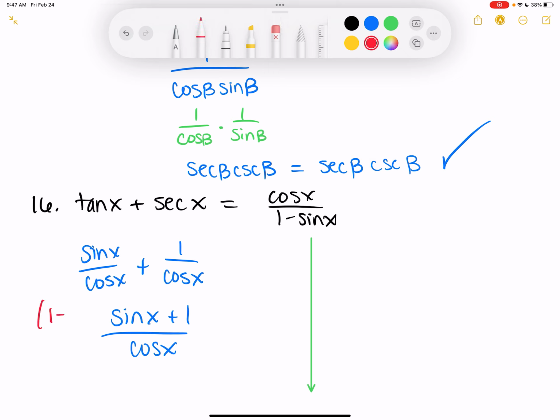One minus cosine squared. You're close. 1 plus, one minus sine. Because we're multiplying by 1, I would flip it to sine of x plus 1 just for the sake of how it looks here, so that you actually have a difference of squares on top.